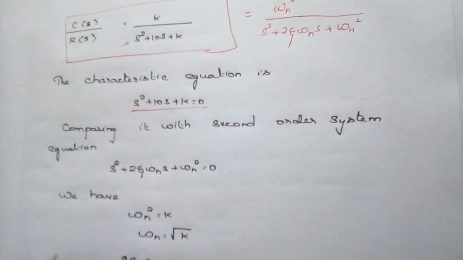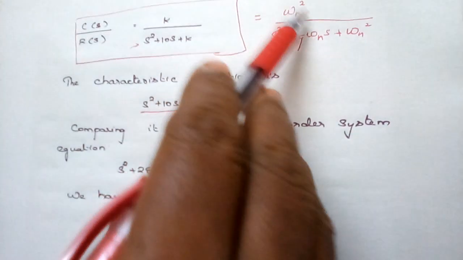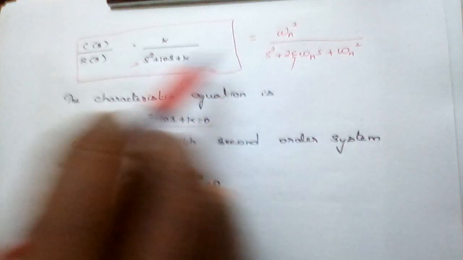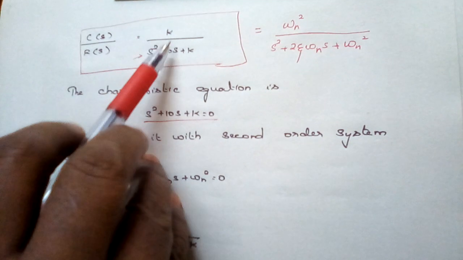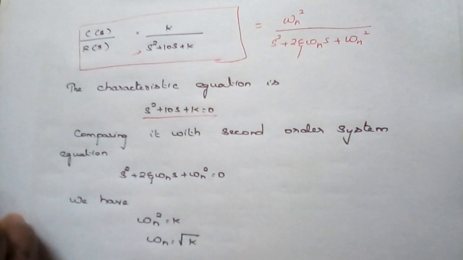So by comparing these two expressions, we can obtain the value of omega n square. What we have to find out first is the unknown K value in the transfer function, right?